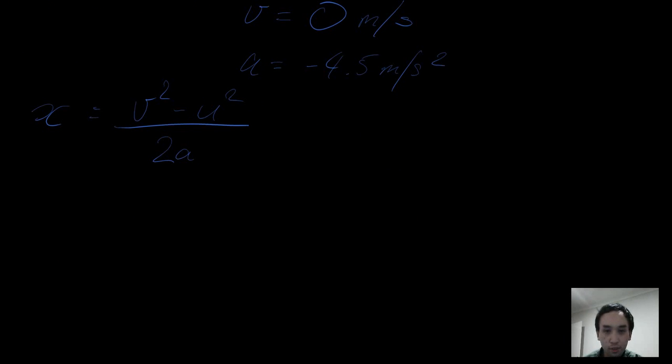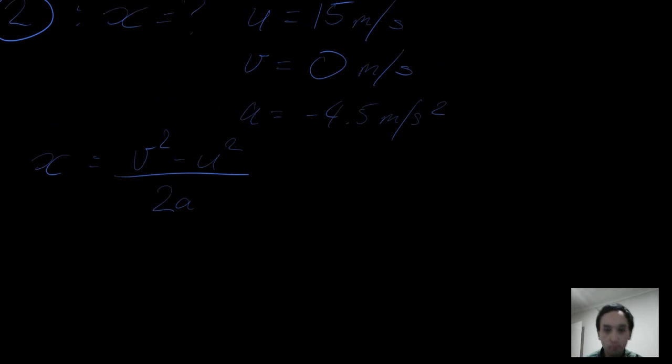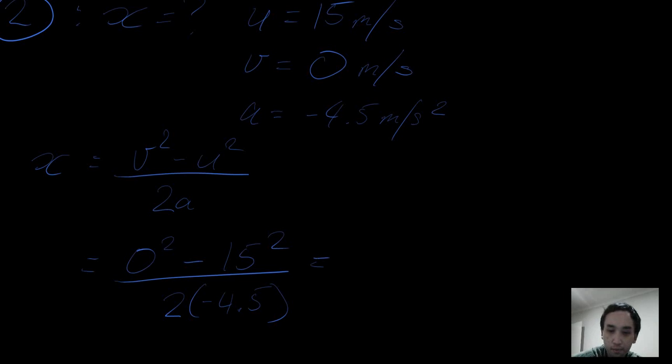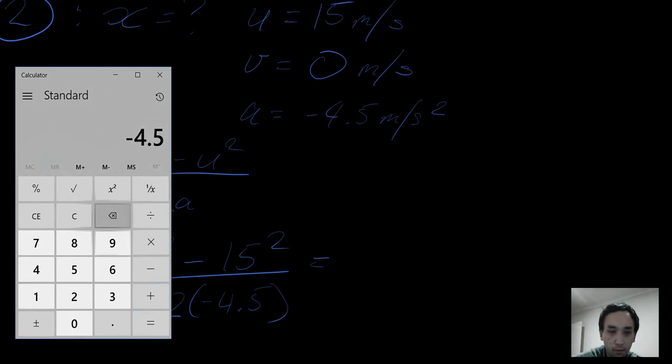And over here, where we sub in all of our values, so we have u, v, and a plugged in, so we have 0 squared, of course that's still 0, minus 15 squared divided by 2 multiplied by negative 4.5. And what do we end up with over here? So we have negative 15 squared.